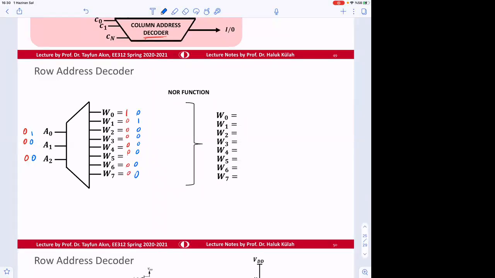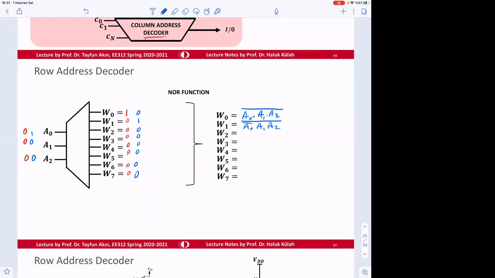With the NOR function, W0 is going to be equal to A0 times A1 times A2 bar. Okay, so that's how you can write it. This one maybe A0 bar, A1, A2 total bar.